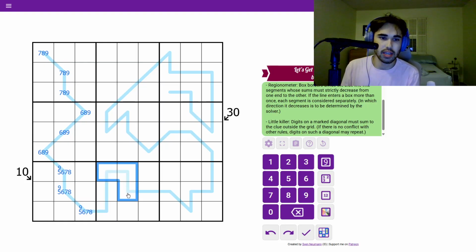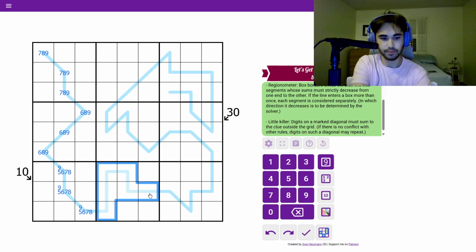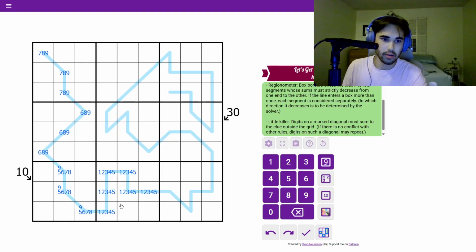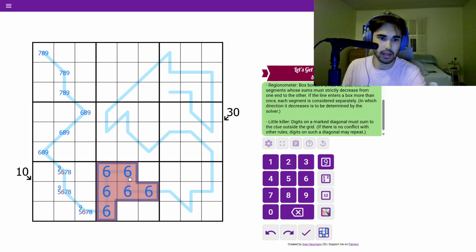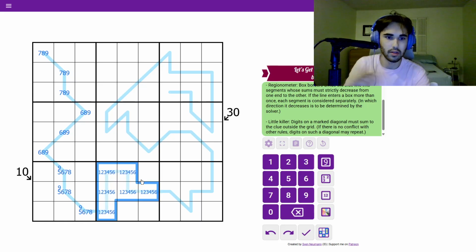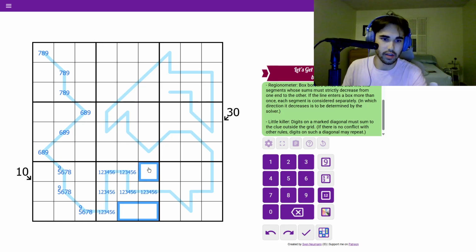Okay. So this is 21. We know it is. So it actually is digits 1, 2, 3, 4, 5, which is very interesting. So the 1, 2, 3, 4, 5, 6, I meant. Let's add 6 onto there. And these are 7, 8, and 9.